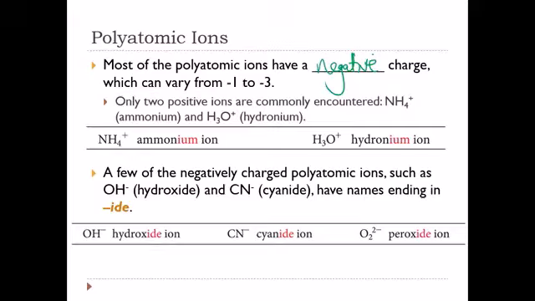Only two positive ions are commonly encountered, NH4 plus, which is ammonium, and hydronium, H3O plus. A few of the negatively charged polyatomic ions, such as hydroxide and cyanide, have the ending "ide", so hydroxide, cyanide, peroxide.